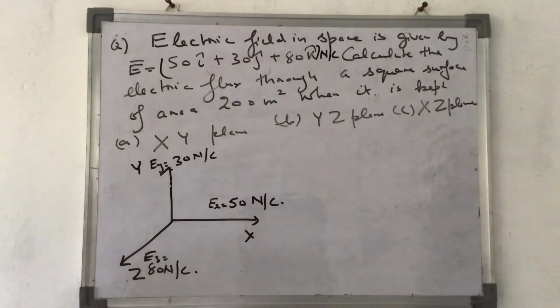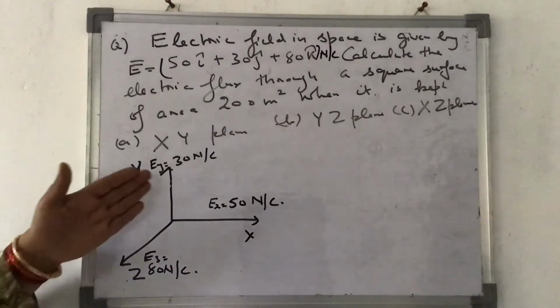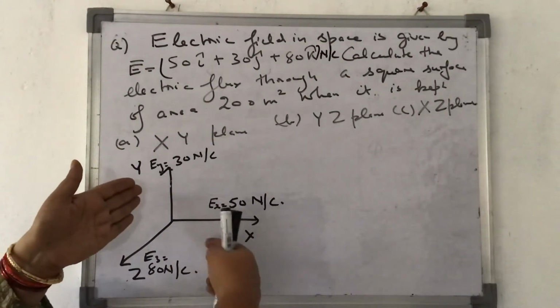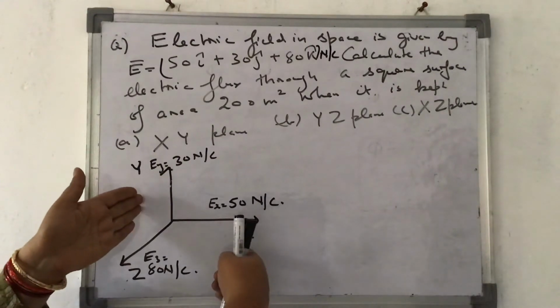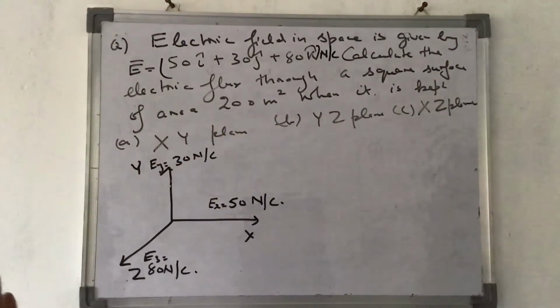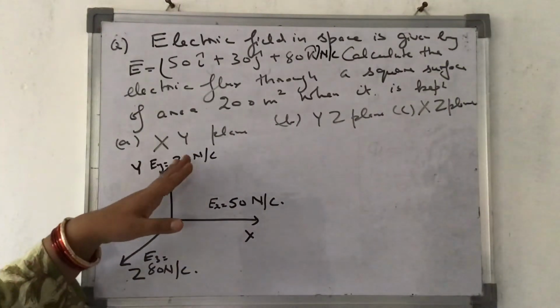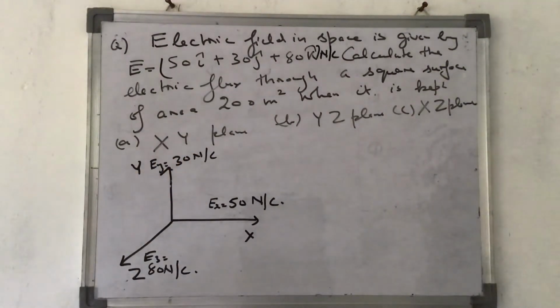If I talk about YZ plane, it is this plane. In this case, the component of the electric field is Ex. And if I talk about XZ plane, meaning this plane, then it will be the Ey component. So I'll mention this.